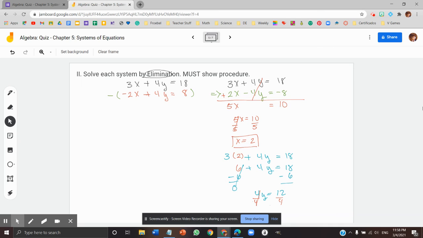And I'm going to be left with y equals, how much is 12 divided by 4? 3. And again, the format is x and y. My x was 2 and my y is 3. And that's how I will write it down.